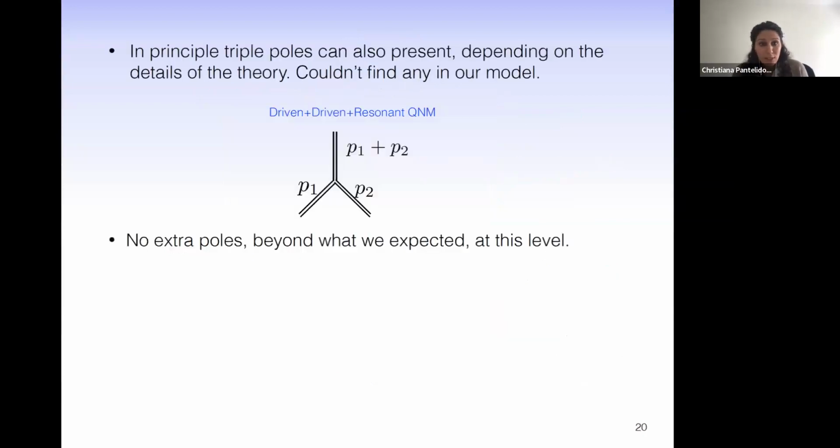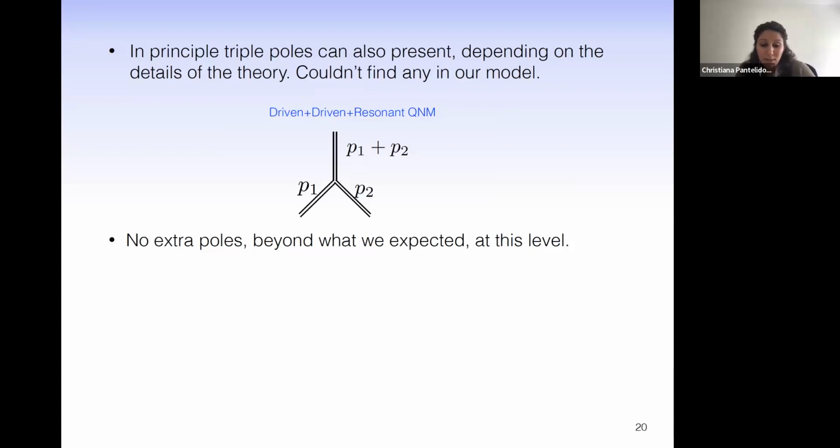The next question is whether we could see triple poles. It turns out that in this specific theory that we focused on, the kinematics did not allow for such triple poles. But in principle, in other theories, such a thing might exist. Another result is that we didn't see any additional poles.